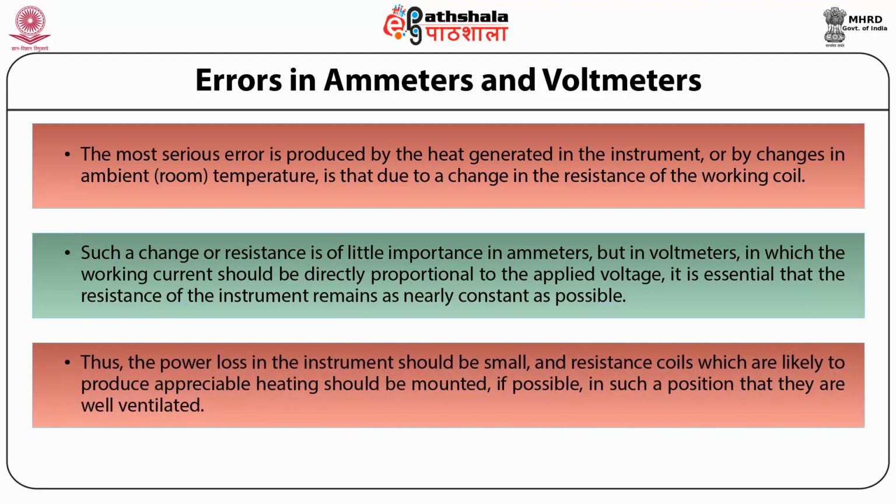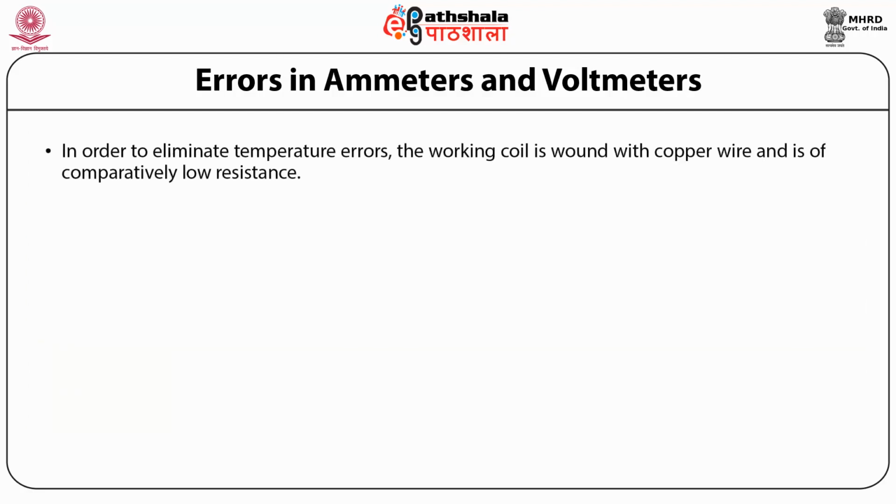Thus, the power loss in the instrument should be small and resistance coils which are likely to produce appreciable heating should be mounted if possible in such a position that they are well ventilated. In order to eliminate temperature errors, the working coil is wound with copper wire and is of comparatively low resistance.